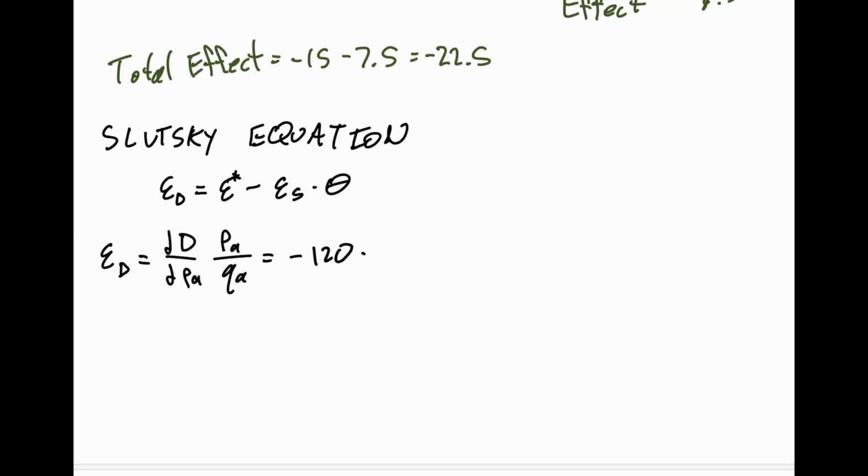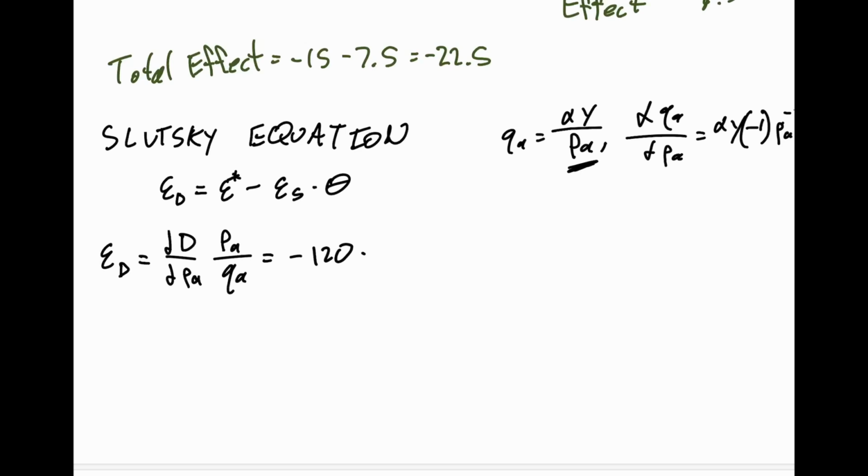I should write this out more explicitly. So we have Q is equal to alpha y over PA. So the derivative of this, of QA, with respect to PA is alpha y. This is a negative exponent, so we have -1, which gives us PA to the -2.